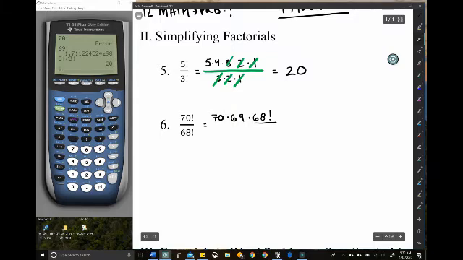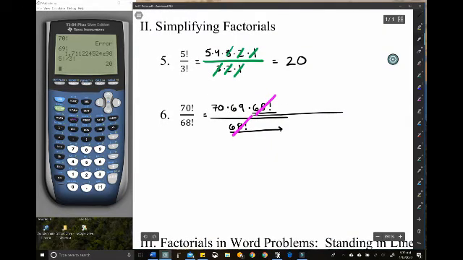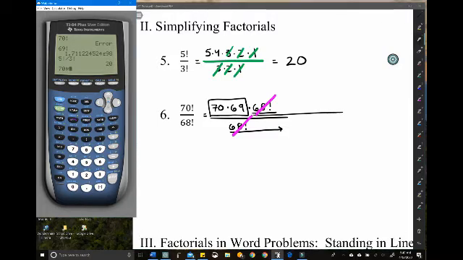Now, 68 factorial, I would just be writing all those numbers down, which I would also be doing in the denominator here. So I'm just going to cancel them out right here. 68 factorial, 68 factorial, because really, that's what I would be doing if I wrote them all out. So honestly, I'm just worried about 70 times 69, which is not an overflow.